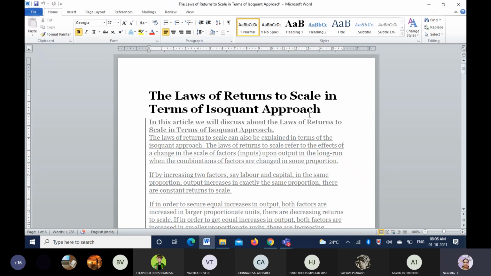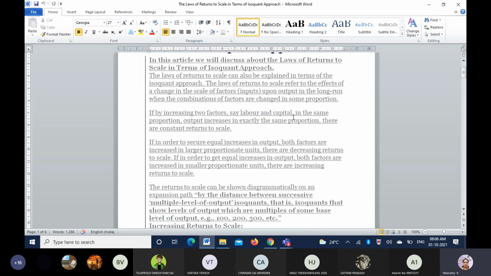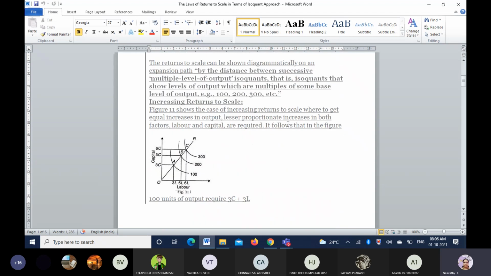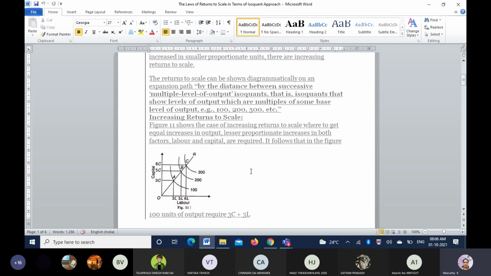So in that sense, this becomes a base for many advanced theories. But those theories we are not going to see; the basic idea of the law of returns to scale with isoquant we will see today. Okay, so here the concept is explained. The diagram is visible.